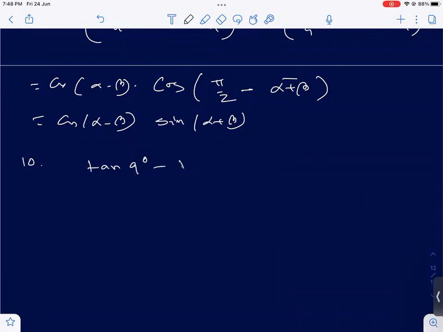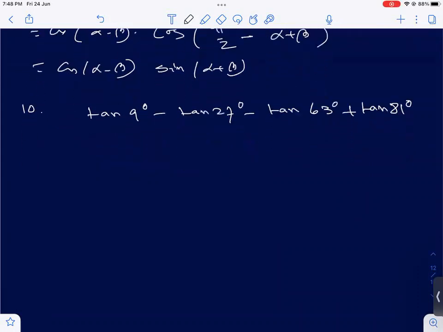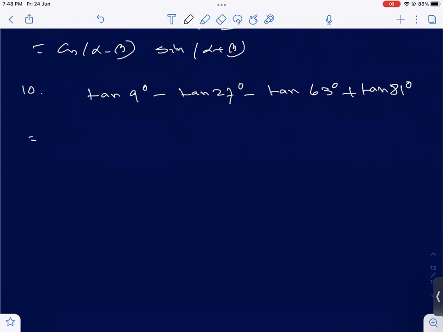Next, we have tan 9 degree minus tan 27 degree minus tan 63 degree plus tan 81 degree. Let us rearrange it like this: tan 9 degree minus tan 27 degree minus cot 27 degree plus cot 9 degree, since tan(90 − theta) is cot theta.